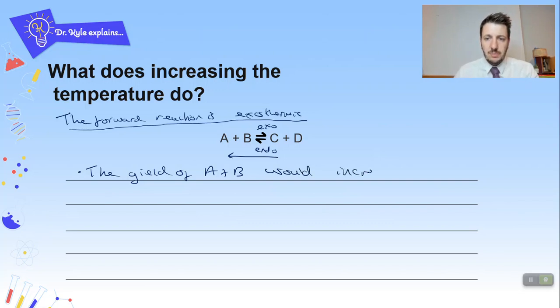Always start off by just saying what's going to happen to the reaction. That could be saying the concentration increases or decreases. It could be saying that there's a change in colour. It could be saying that there is a change in some kind of appearance, but you state what's happening.